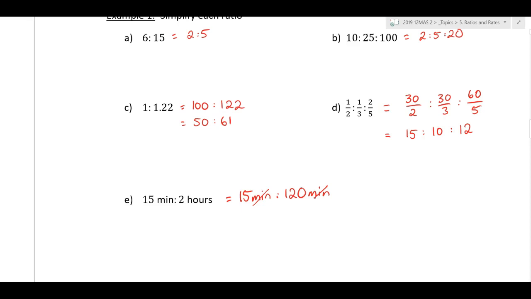What can I divide both of those numbers by? In fact, I can divide them both by 15. It gives me 1, and 15 goes into 120 eight times. Frankly, how many lots of 15 minutes are there in 2 hours? 15 minutes is a quarter of an hour, so it's an eighth of 2 hours. It's 1 to 8. There we go. That's our ratio. No minutes or hours or anything in a ratio. A ratio has no units.